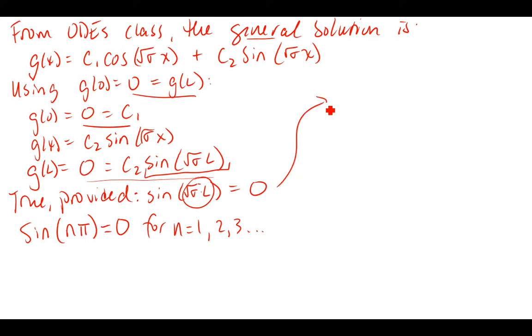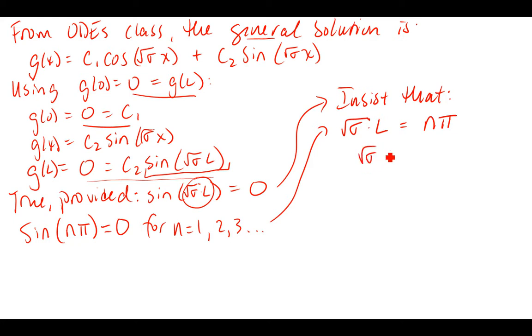Put these two facts together, and what has to be true? We must insist that square root of sigma times L has to be a multiple of pi. So therefore, square root of sigma has to look like that. And this is for n equals 1, 2, 3, and so on. Any whole number. All of these work.